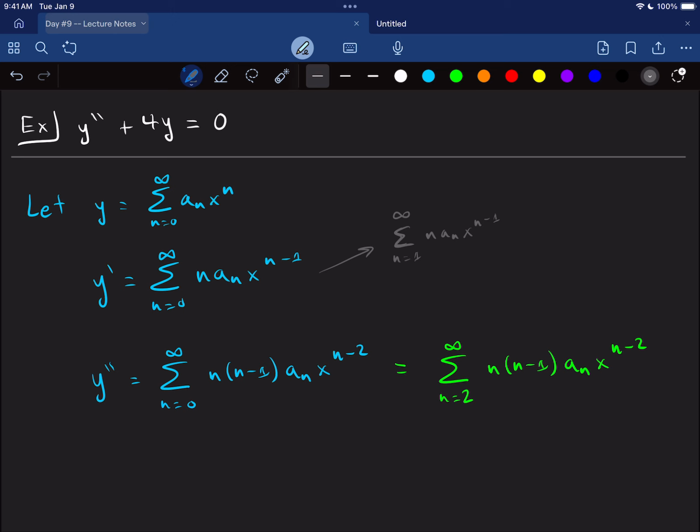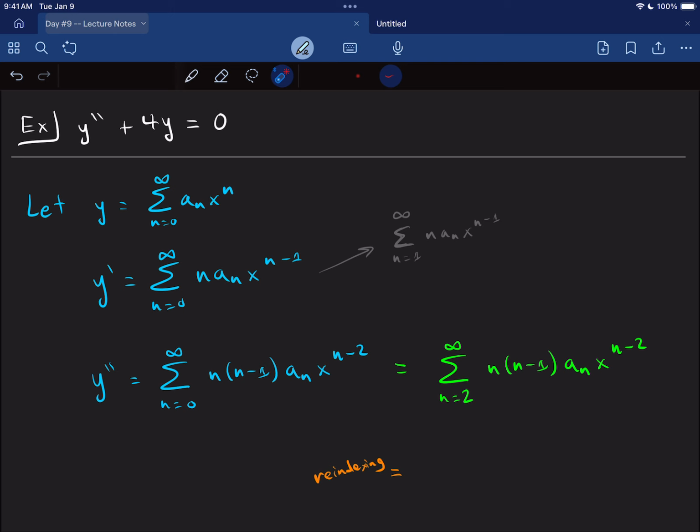And luckily, we can do a little thing called reindexing. What reindexing does is it basically just changes the value of n. If you wanted to, you could rewrite it as m or another letter. So you could say something like m is equal to n minus 2, where you're saying, hey, instead of starting my counting from 2, let's start it at 0, but I need to shift things accordingly.